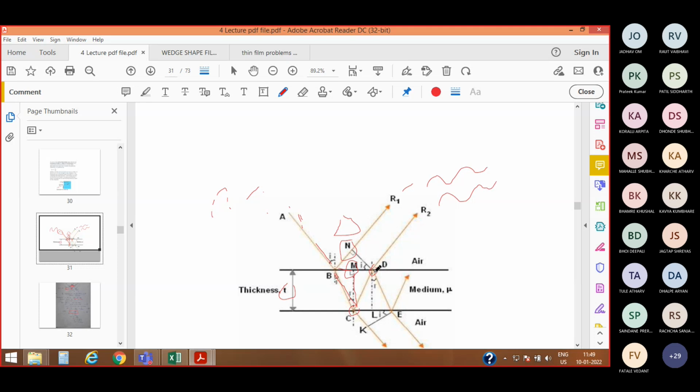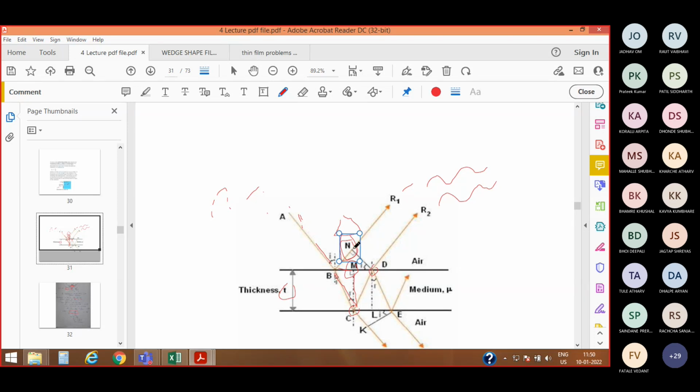When light reaches point D, what happens? R1 reaches up to point N. If you draw the perpendicular on BR1, then we get the point N, capital N. Perpendicular अगर आपने draw किया तो point N मिलता है.